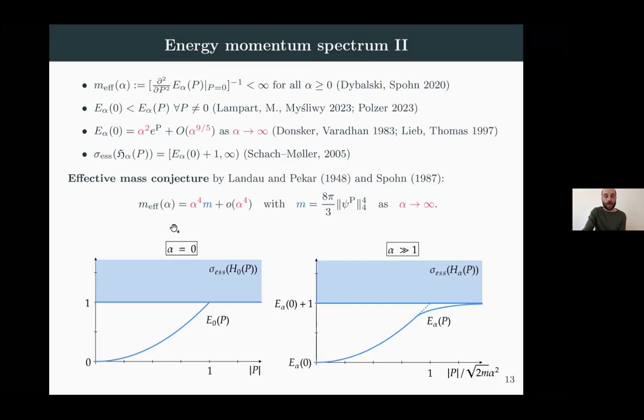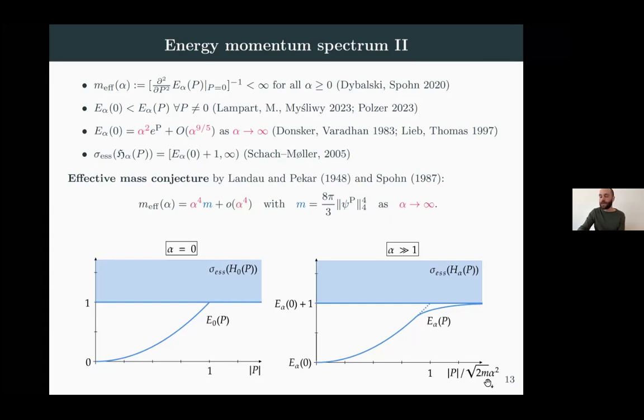And again, if we extrapolate this effective mass conjecture to larger momenta, then we get the prediction that we would still have a parabola, but that's now flattened by a factor 1 over alpha squared. So whereas in the non-interacting picture, everything lives on the order 1, here the parabola now really lives on this order alpha squared.